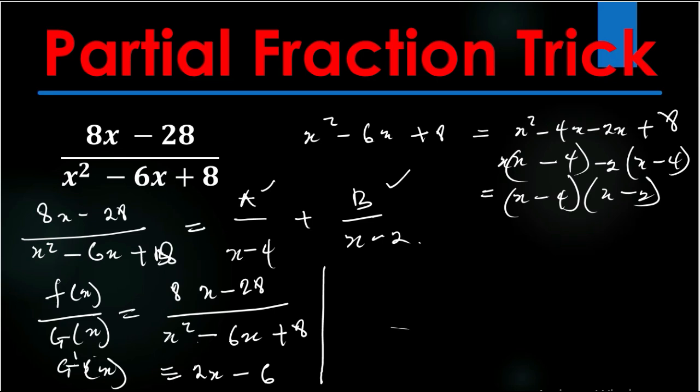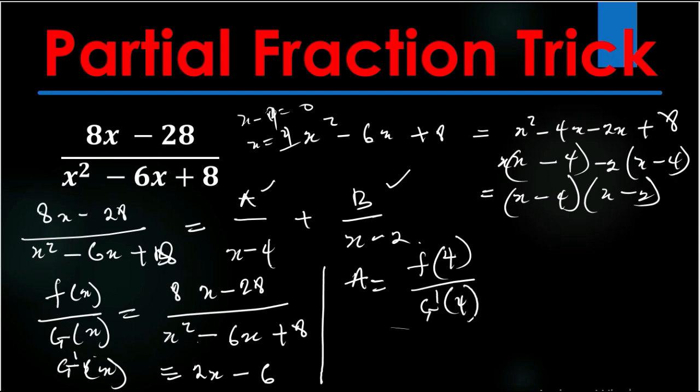To solve for a, under the denominator of a, I have x minus 4. Now take x minus 4 equals 0, so that x will be equal to 4. My a will come from f of 4 over g prime of 4.